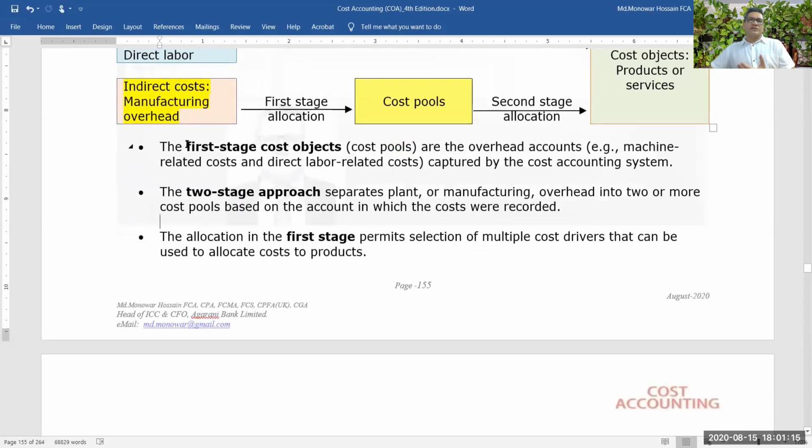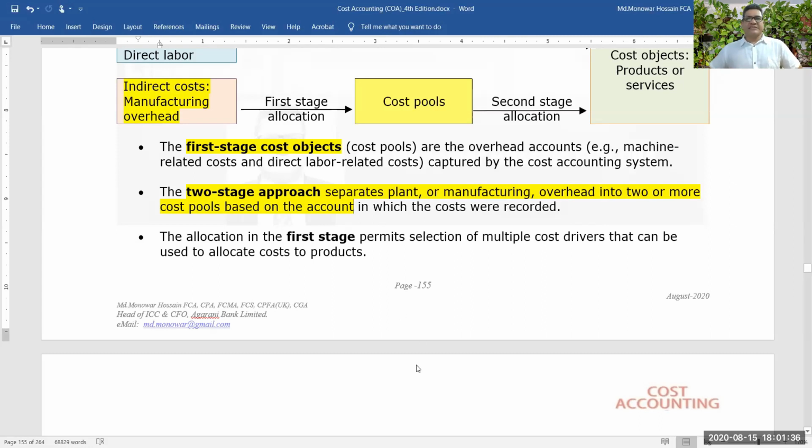In the first stage, the cost pools are the overhead accounts computed by the cost accounting system, and the second stage separates plant or manufacturing overhead into two or more cost pools.